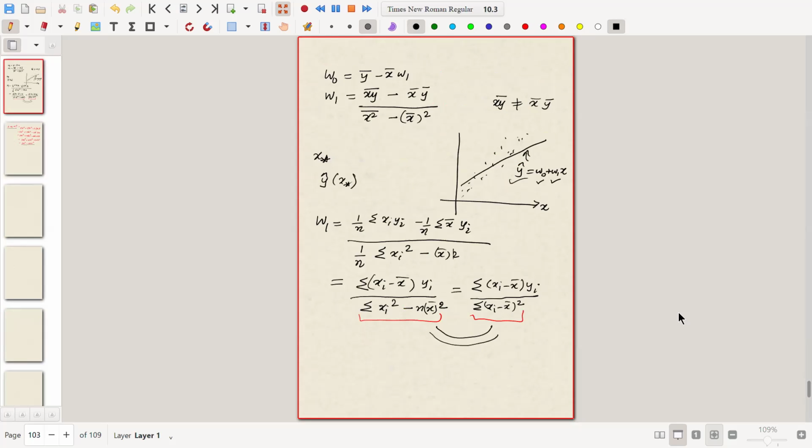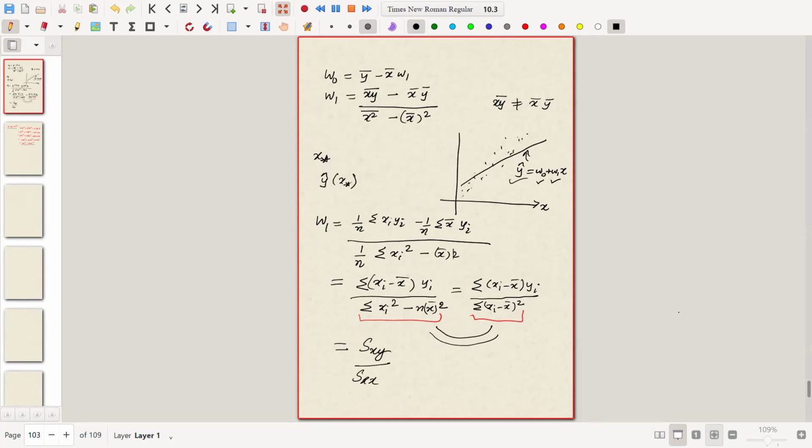So we can write now, I am coming to a nice formula. If you remember, this is a special quantity. This quantity we call Sxy, and this below quantity we call Sxx.